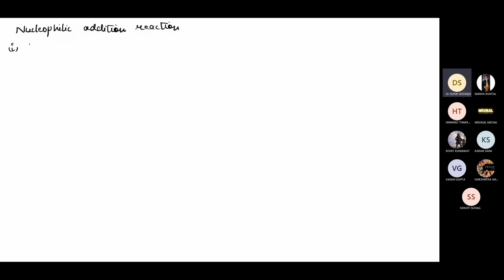So the first one is the addition of hydrogen cyanide. Now, hydrogen cyanide का symbol is what? HCN. Now, what is going to happen? Say suppose we are having the ketone. Oxygen is electronegative in nature, carbon is electropositive.